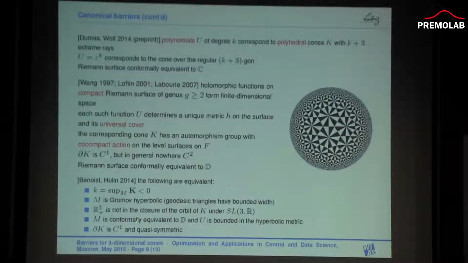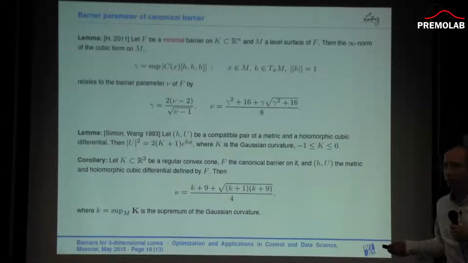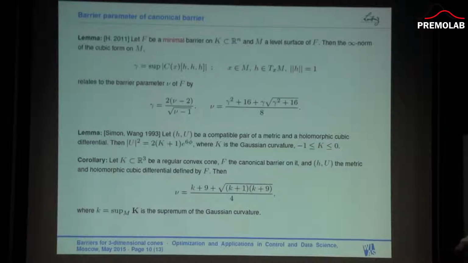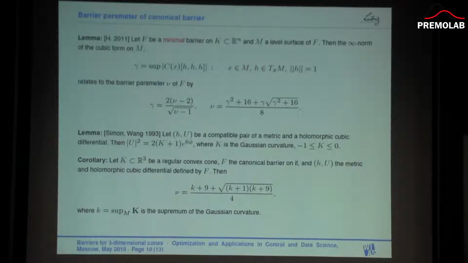And with this result, you can actually characterize all three-dimensional cones where the optimal barrier parameter equals 3. So in order to do this, we need a result that links the norm of the cubic form to this self-concordance parameter.